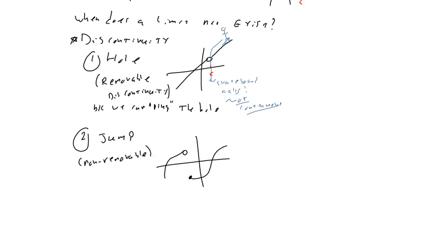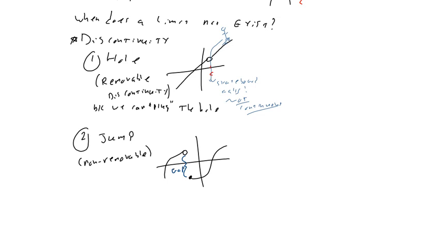And a jump discontinuity is not removable. There's no hole we can plug, right? It's too far of a gap. And there's a gap between the two sides.